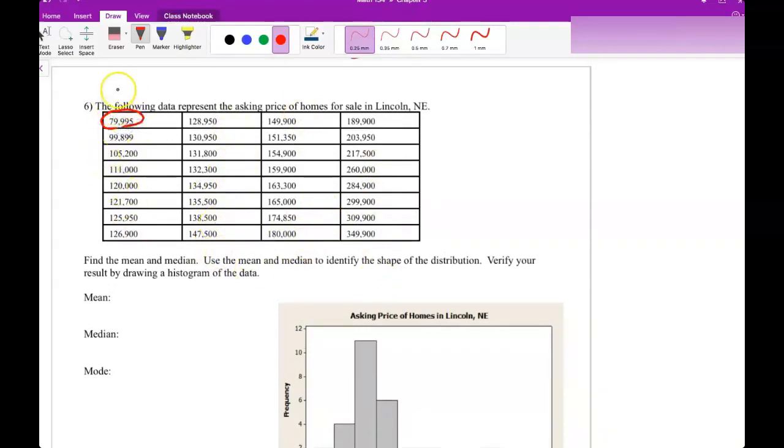This is the minimum value, and here we have the max. Find the mean and median. Use the mean and median to identify the shape of the distribution. Verify your result by drawing the histogram of the data.